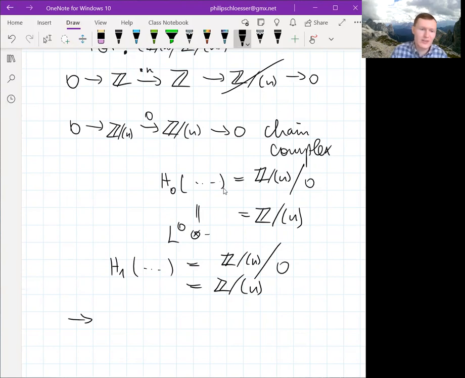So this shows that tensoring with Z modulo n has torsion, or I guess Z modulo n has torsion, which, duh.